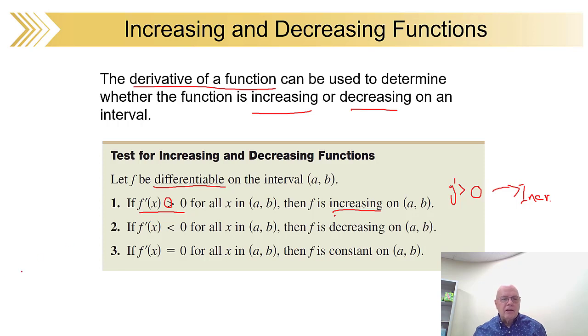If the derivative is negative, like this, all you have to do is check for the sign. You don't care about the magnitude of the actual derivative, only whether it's positive or negative. If it is negative in a certain interval, which means y prime is a negative number, then that means your function is decreasing.